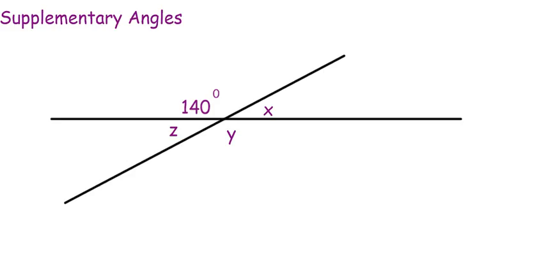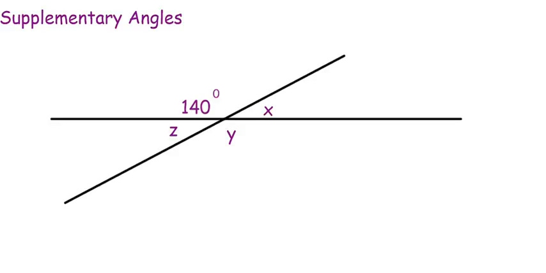Another big thing we're going to look at is the idea of supplementary angles. This is a review concept too, but for a definition, a supplementary angle is two angles that are side by side, whose bases form a line. And since they form a line, we know that a line has a measure of 180 degrees.